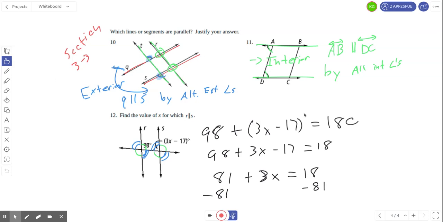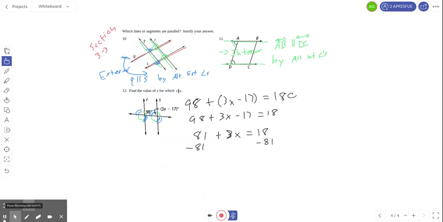I see I'm almost at the bottom here, so I'm going to shrink. Oh, that shrunk everything. There, I gave myself some more room. Okay, so I get 3x equals 18 take away 81. I'm going to check that in my calculator. You don't get any bonus points for doing these things in your head, and sometimes you make mistakes. 18 take away 81 is negative 63.